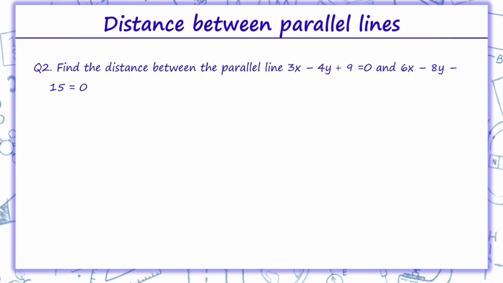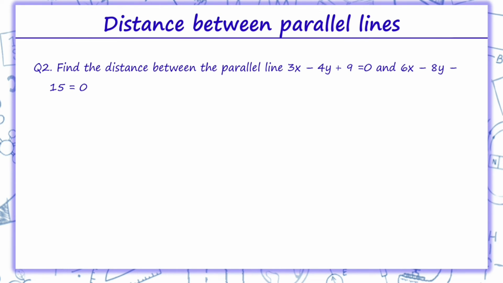So now the question is, here we have to calculate the distance between the two parallel lines. The two parallel lines are given over here: 3x minus 4y plus 9 equals 0, and 6x minus 8y minus 15 equals 0.